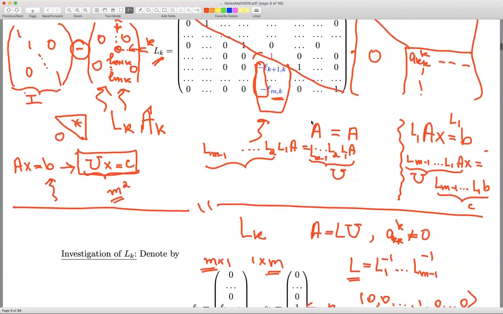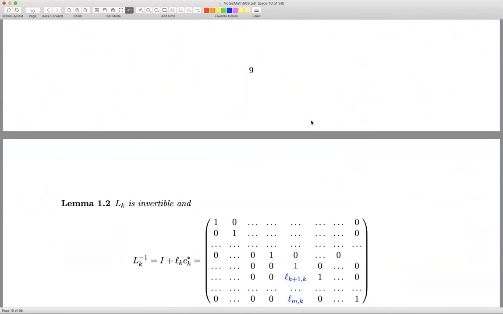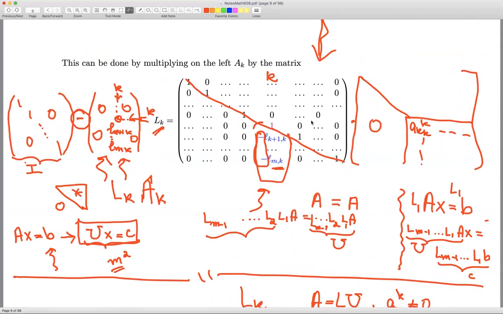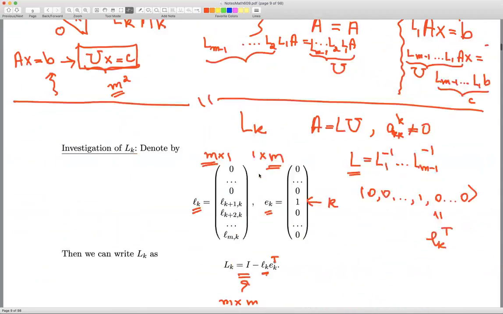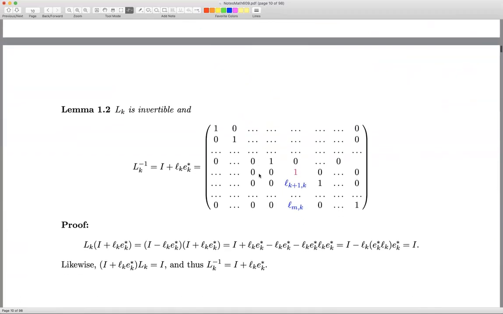The more interesting part is how to compute the inverse of this matrix, and the lemma tells us that the inverse is also a very simple matrix. It is basically the same as the matrix Lk. The only difference is that instead of these minuses, we have pluses. So we just drop the minuses. This is how we can write the formula for the inverse of this matrix. So this is the lemma.